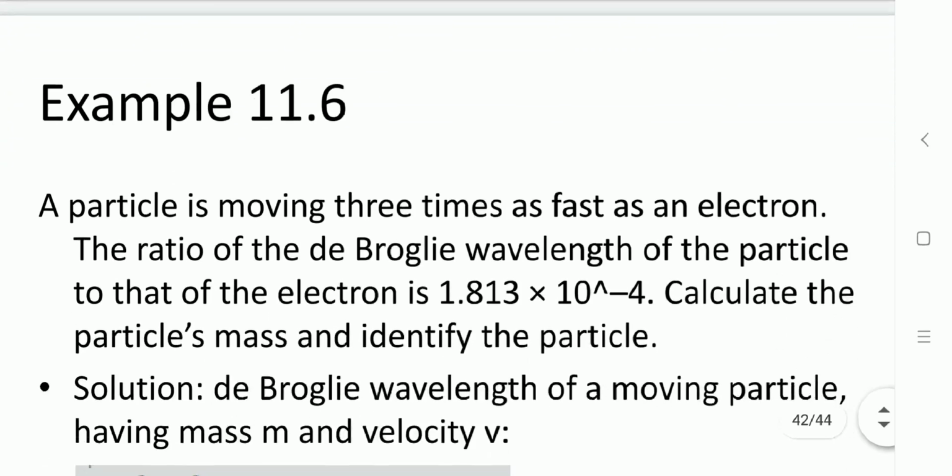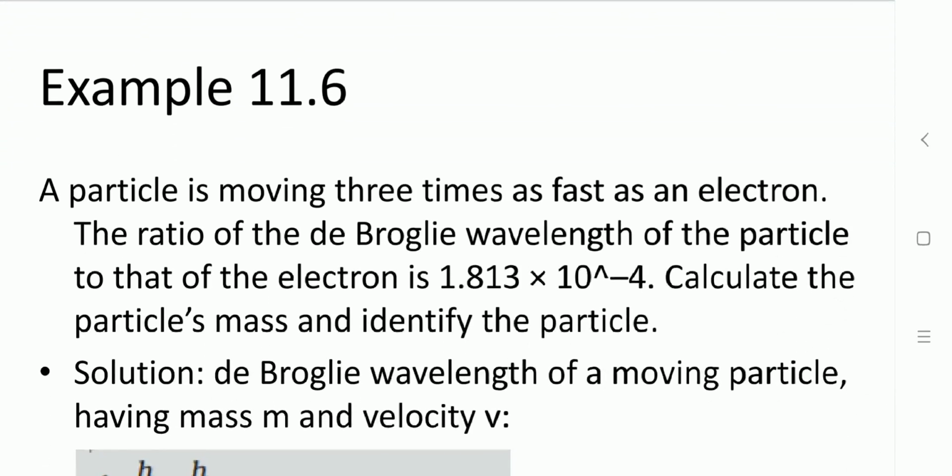Next example: a particle is moving 3 times as fast as an electron. The ratio of the de Broglie wavelength of the particle to that of the electron is 1.813 into 10 raised to minus 4. Calculate the particle's mass and identify the particle. Here the wavelength equation is lambda equals h by p, with linear momentum p equal to mv, so h divided by m into v.